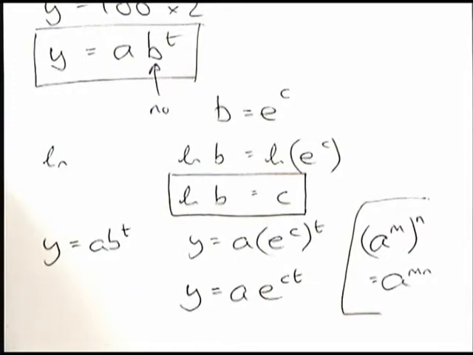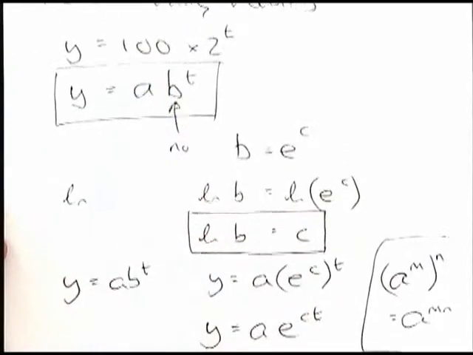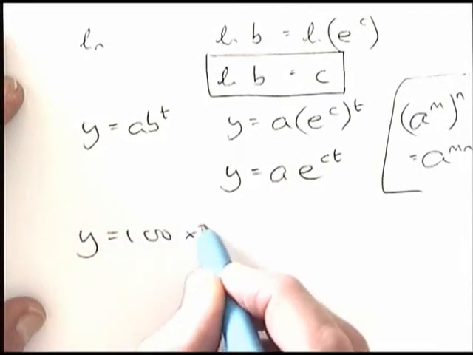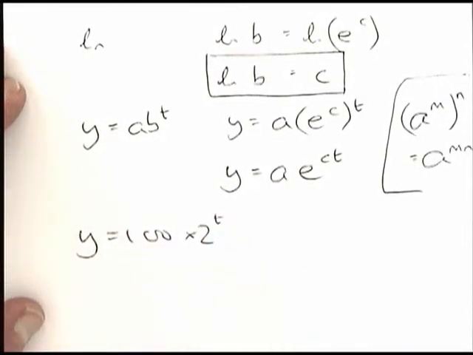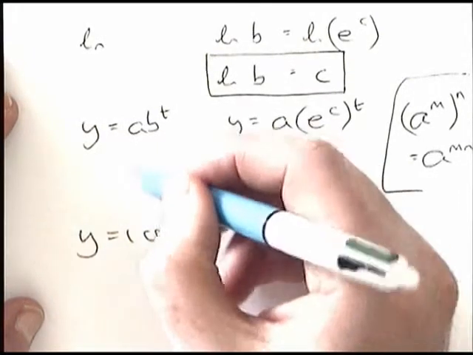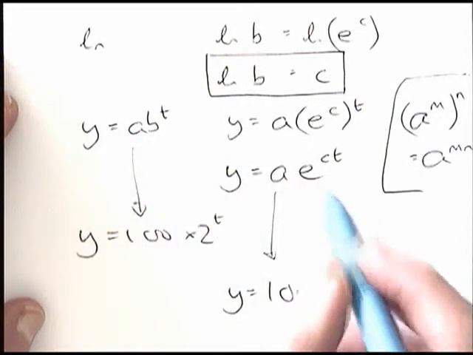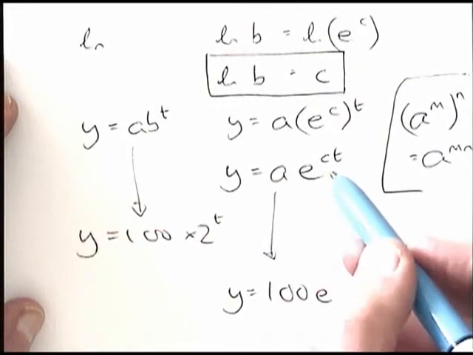So if you think back to our example we started with up here of our growth, which is Y is 100 times 2 to the power of T, that's the equivalent of that one there, where A is 100 and B is 2, I could rewrite it in this equivalent form. Y equals now the 100, the A bit stays the same. And here the e, now C, what's C?